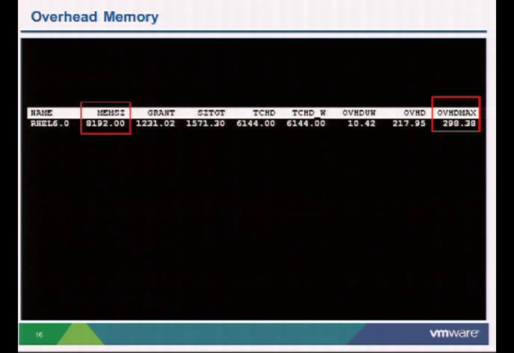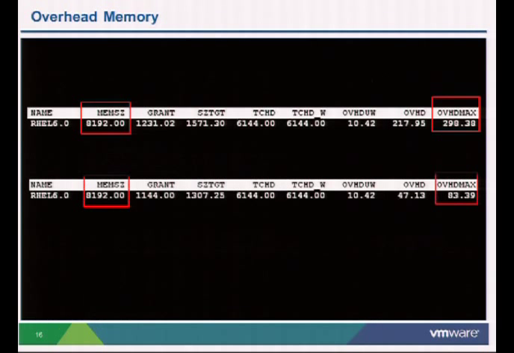Overhead max is a combination of this bookkeeping memory for the guest VRAM as well as the overhead of the user world that I was describing before. We have made significant progress even in reducing that. As you see, it dropped from 298 megs to 83 megs in this case, right?